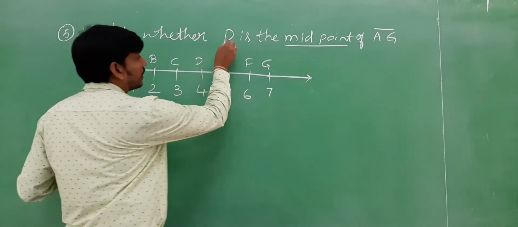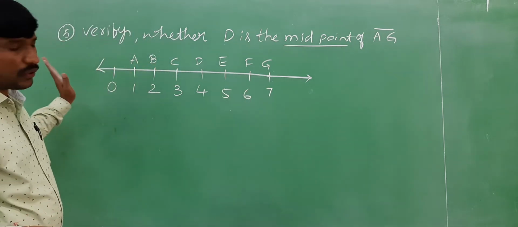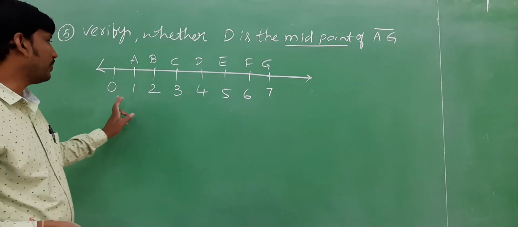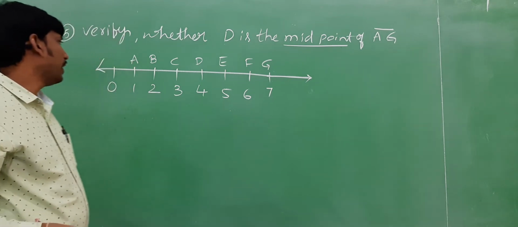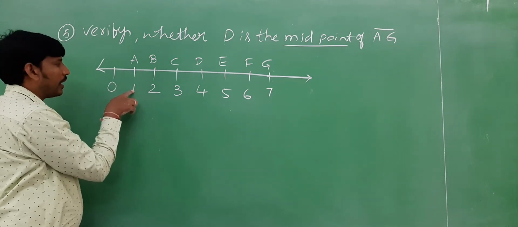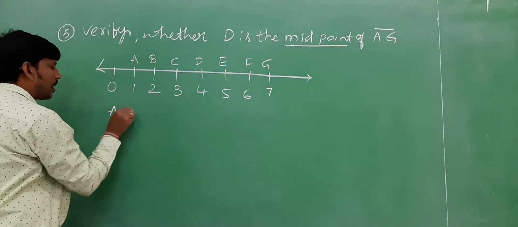To know whether D is a midpoint of AG or not, first of all we find the total length of AG. Clear? Now, where is A here? A is at the ones place. From A to G, how many centimeters are there? Just count it.